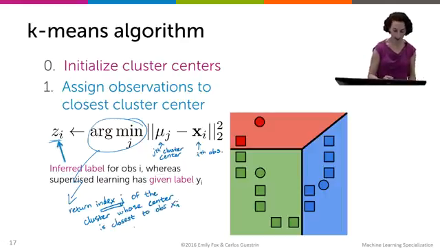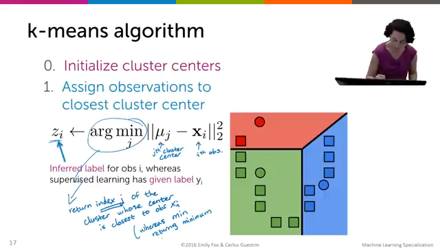And this is in contrast to min, where if we think about minimizing a function, it returns the value of the objective, which would be the minimum value of this distance calculation we're doing here.